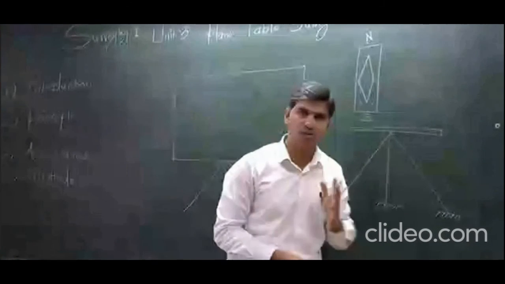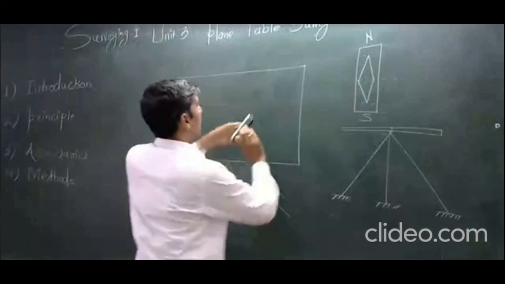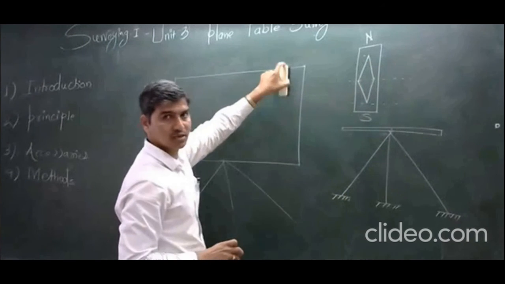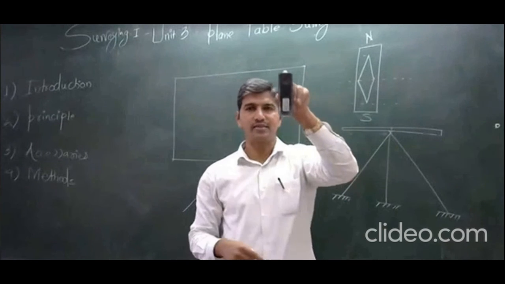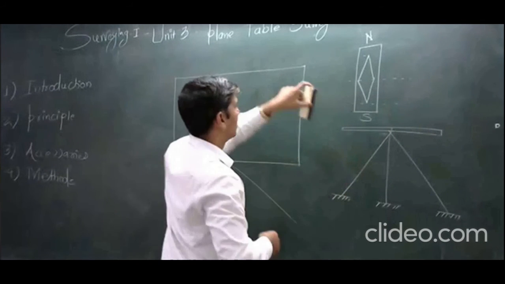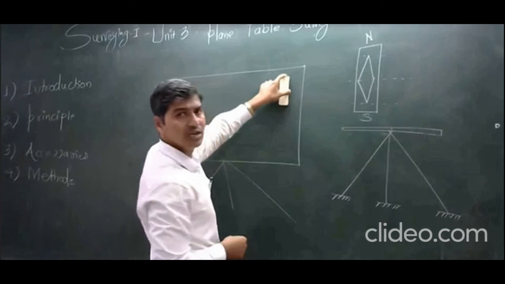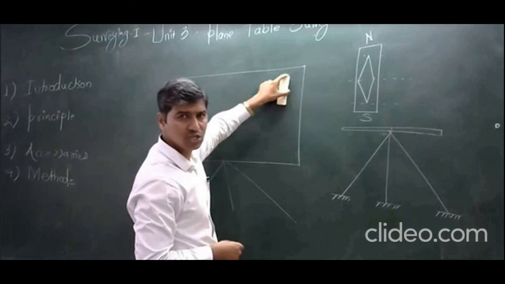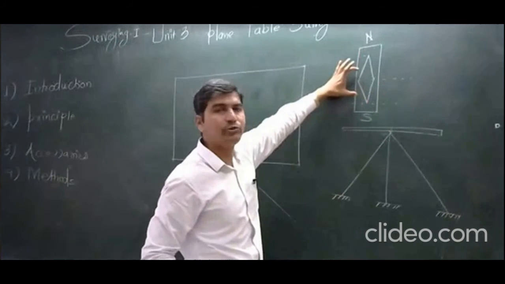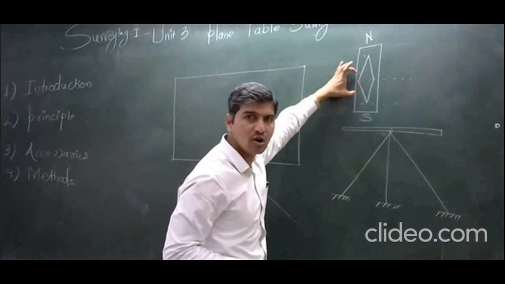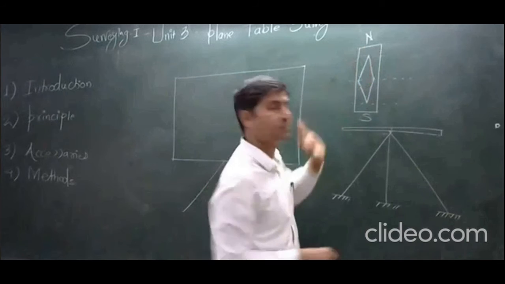That point I am going to achieve. How? I will rotate the trough compass. The trough compass practically looks like a duster. I will rotate the duster in a clockwise and anti-clockwise direction until I achieve the constant position of the magnetic needle.